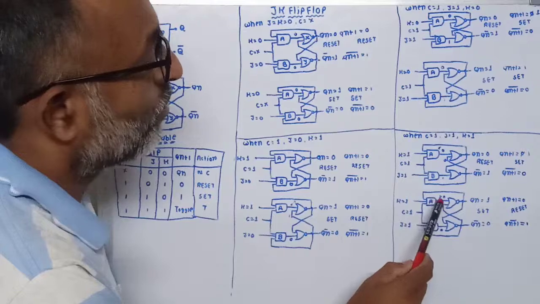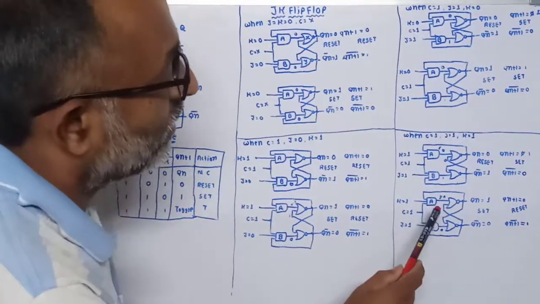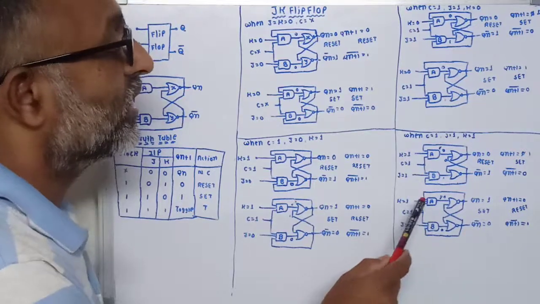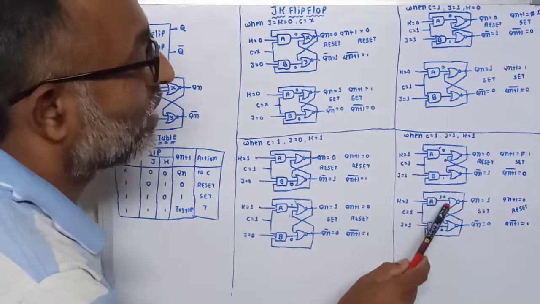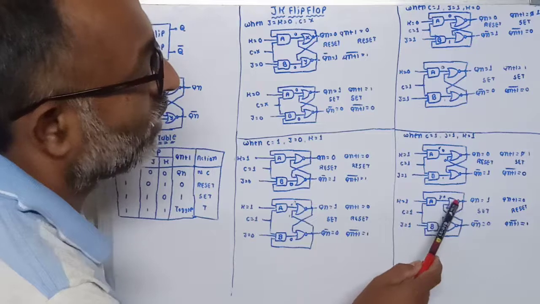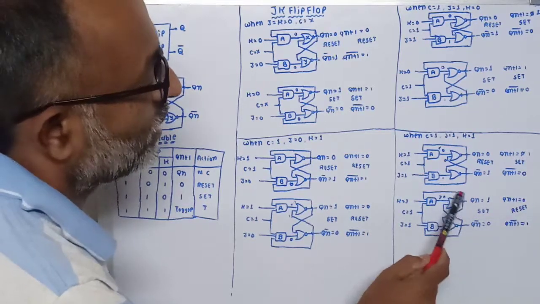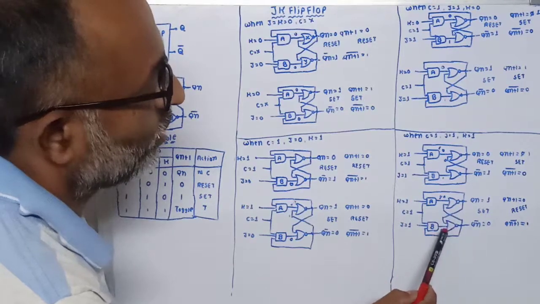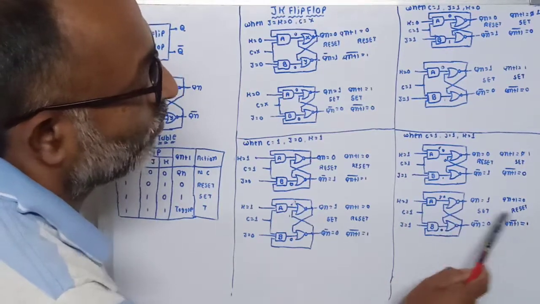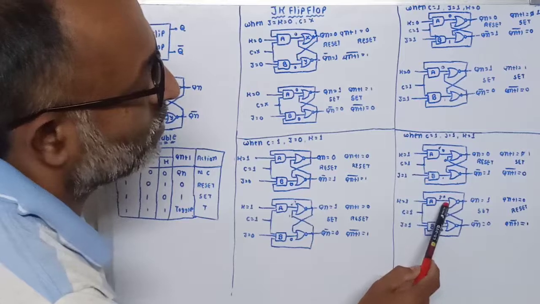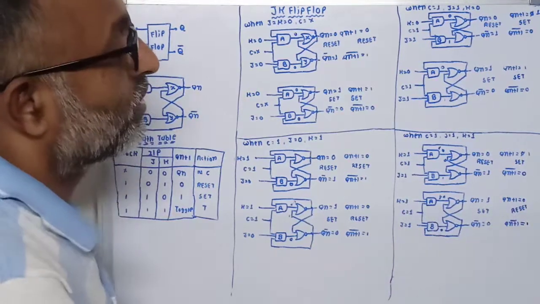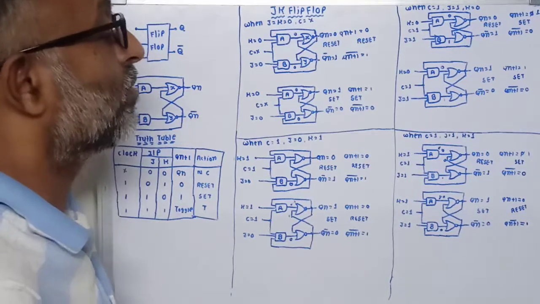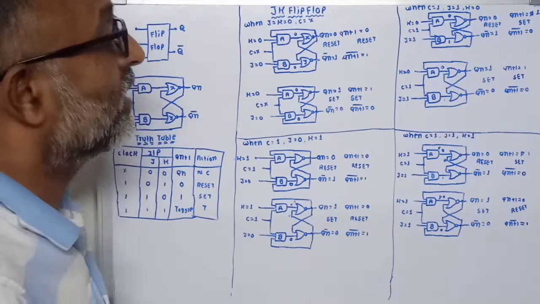But the inputs of the AND gate A are all at one level, that means it is enabled and its output is 1. So here 1 plus 0, 1, 0. Now this 0 is available here, so it is 0 here. 0 is also available here, 0 plus 0, 0, 1. 1 again here, 0 plus 1, 1, 0. So now our flip-flop becomes steady state condition and this flip-flop moves into the reset condition.